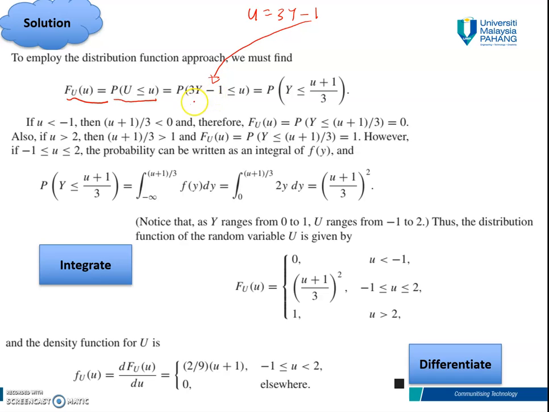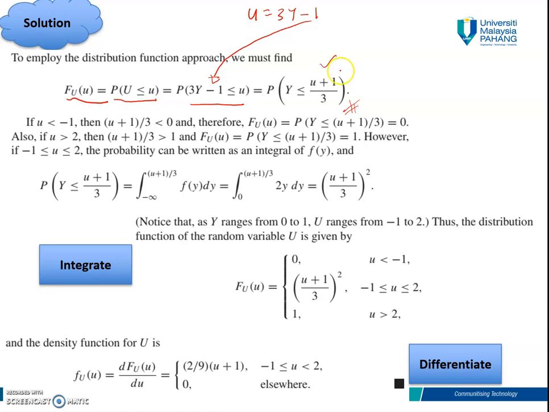Because we are talking about random variables, you let Y be on the left side and the others on the right side. Then you get Y less than or equal to (u plus 1) divided by 3. Now you must understand the region.